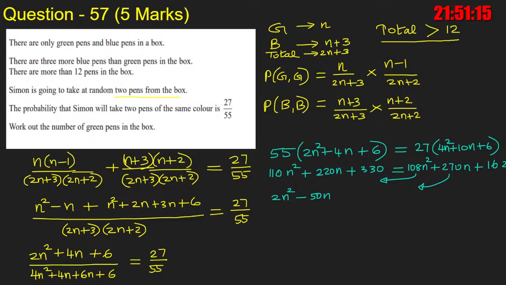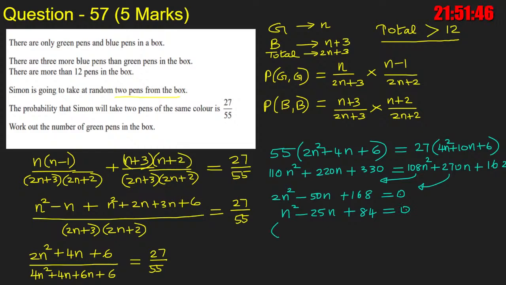So I'm going to be using a calculator. 330 minus 162. If it is a non-calculator paper, you've got to do your subtraction. 168 equals 0. So divide everything by 2. So n squared minus 25n plus 84 equals 0.